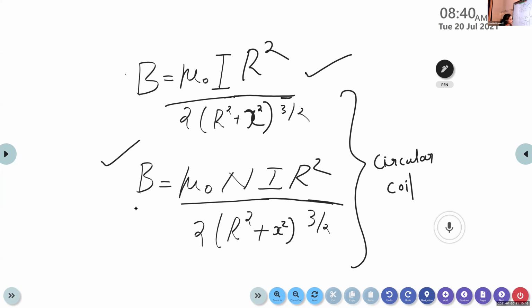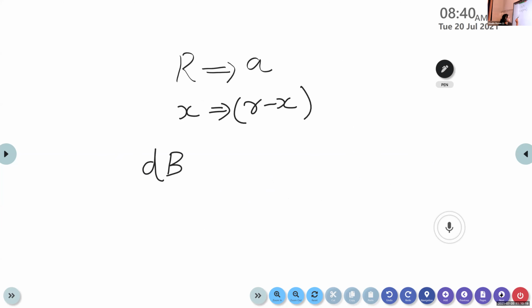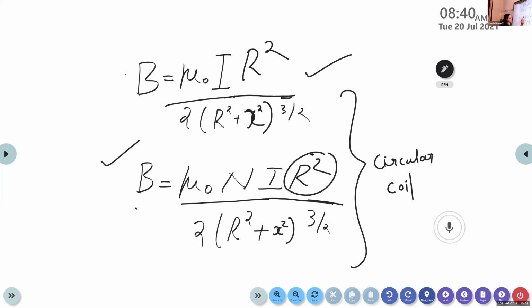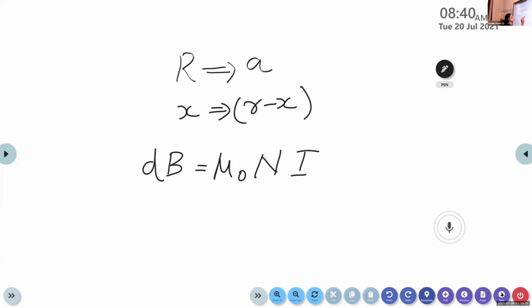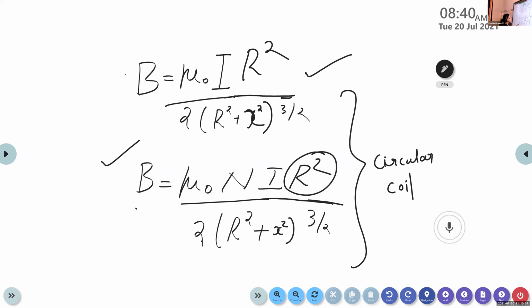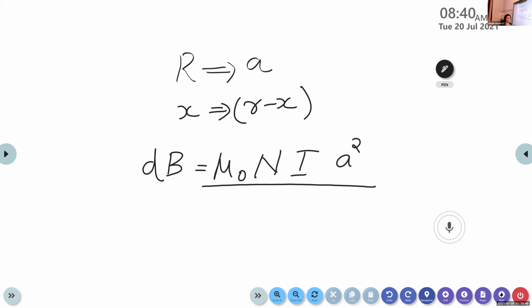Instead of B, we can write dB. dB is equal to mu0 n I, instead of r square, here we have the radius a square, so n I a square divided by 2 into, instead of r square, here we have a square, and instead of this distance x, here we have R minus x the whole square. So make these changes in our equation: mu0 n I a square into 2 into a square plus R minus x the whole square, the whole raised to 3 by 2.